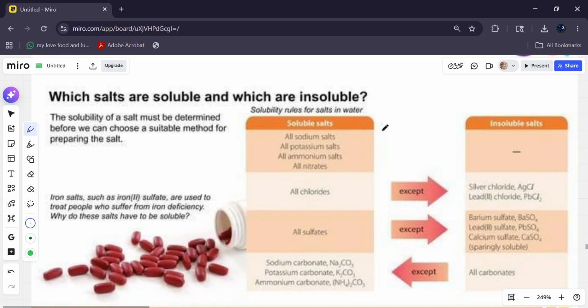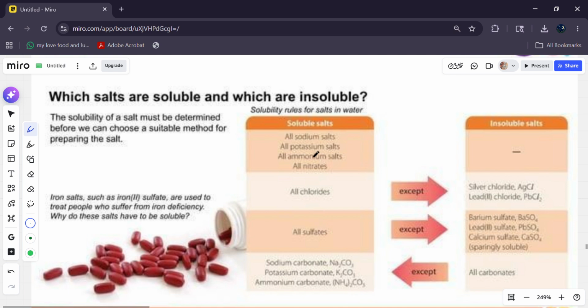The method for making a salt differs depending on its solubility. So how do we figure it out? We have rules for the solubility of salts. By following these rules: all sodium salts are soluble, all potassium salts are soluble, all ammonium salts are soluble, and all nitrate salts are soluble.